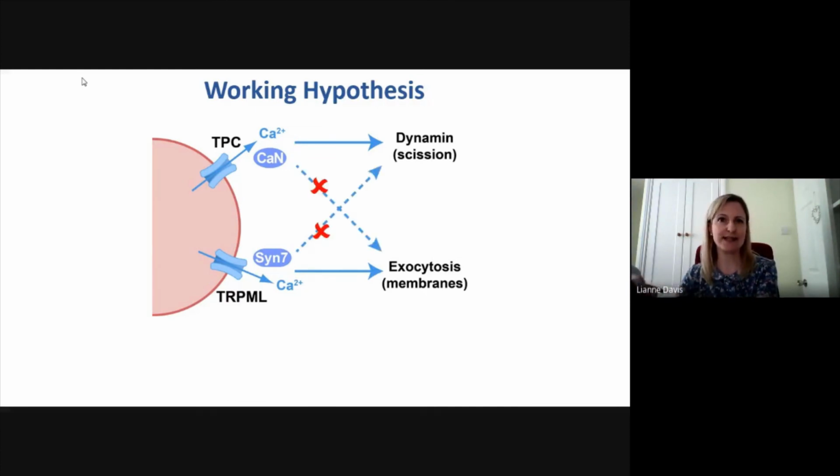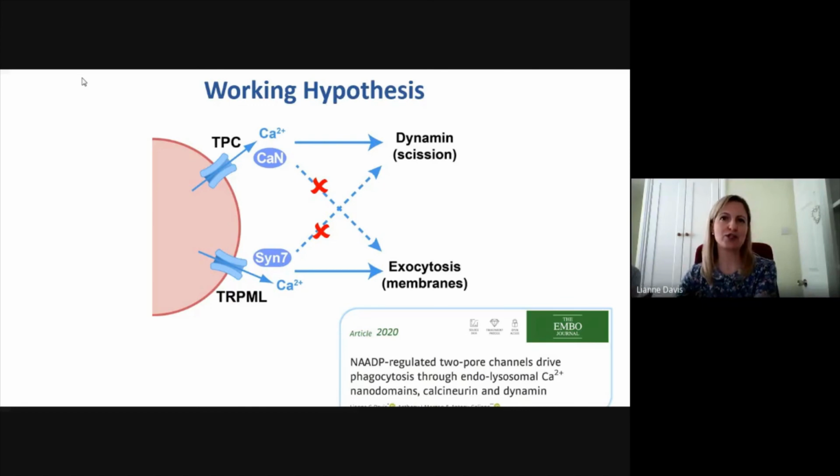This would conveniently explain why the channels cannot substitute for each other. So, for example, in our recently published paper, we showed that the stimulation of TRPML1 cannot rescue the TPC knockout phagocytic defect. So in summary, we propose a model where different lysosomal calcium channels are coupled to different downstream pathways via their exquisite calcium nanodomains.